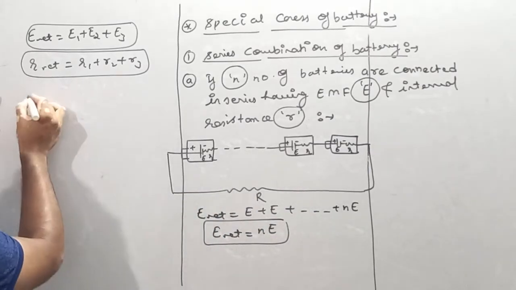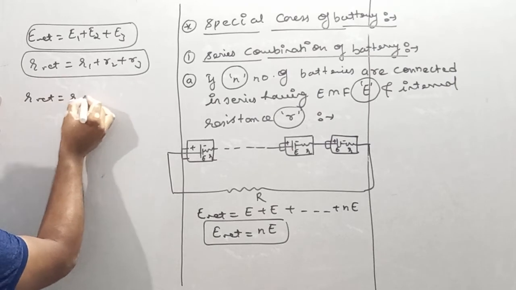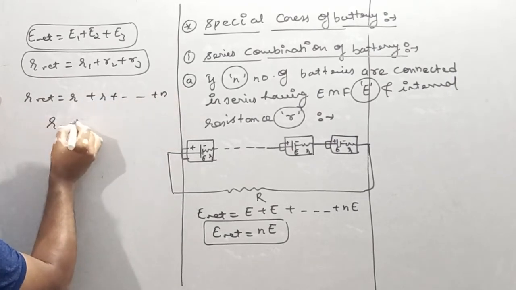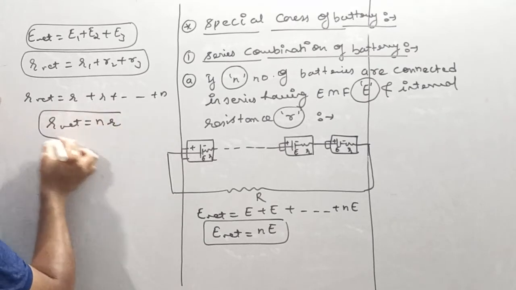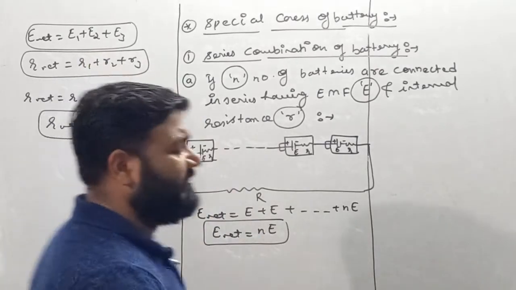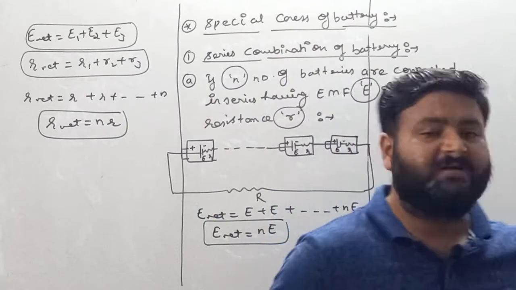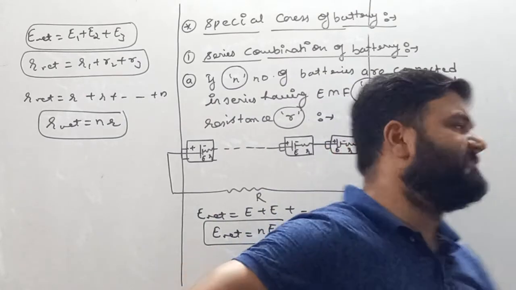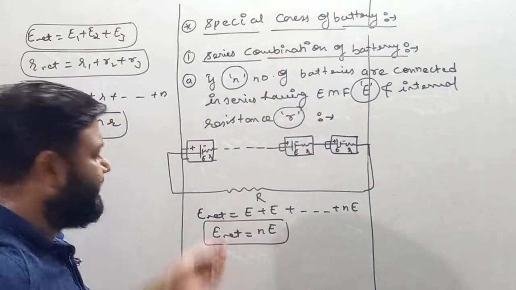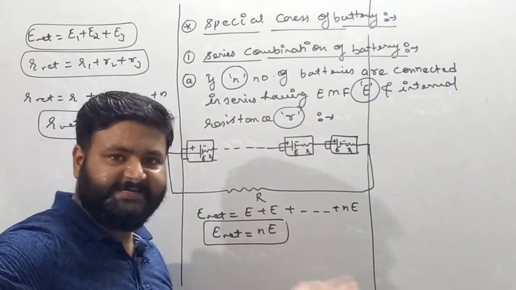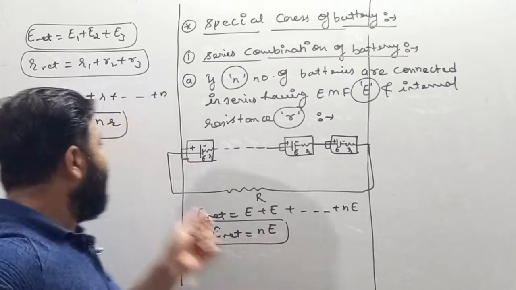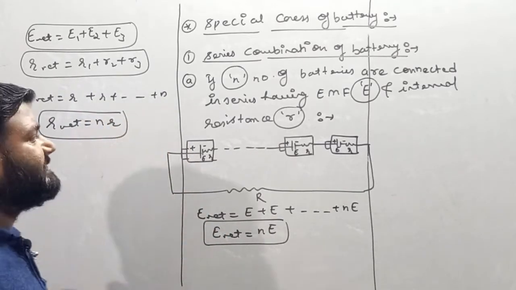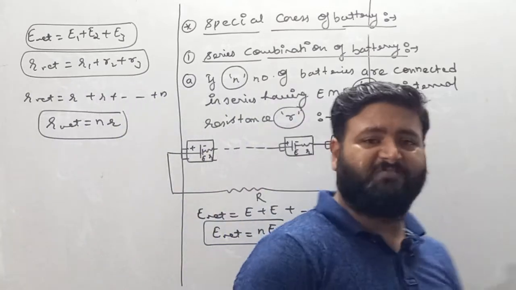Similarly R net is R plus R up to n times, which is nR. So if batteries of the same EMF are connected in series, E net is nE and R net is nR. This is all about the first case.